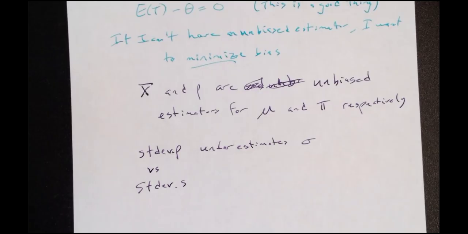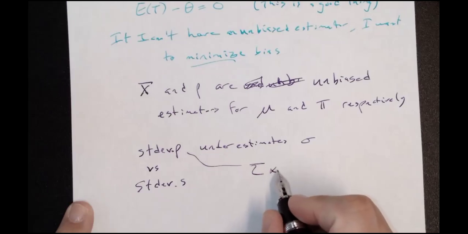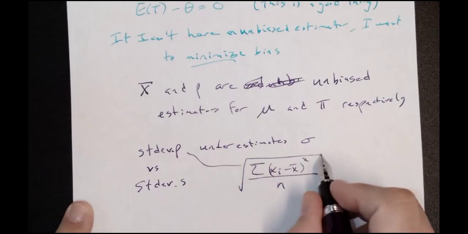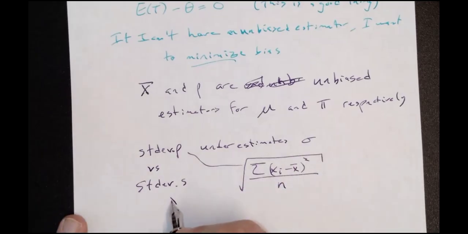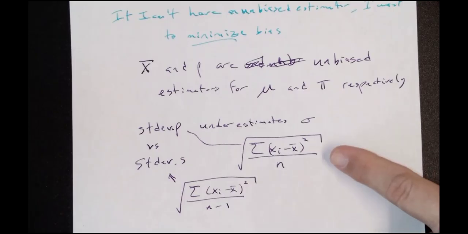But the formulas were different, because when we look at the difference, the standard deviation here has an N on the bottom, and the standard deviation here has an N minus 1 on the bottom. That N minus 1 is designed to make the number larger to account for the bias in this estimator.